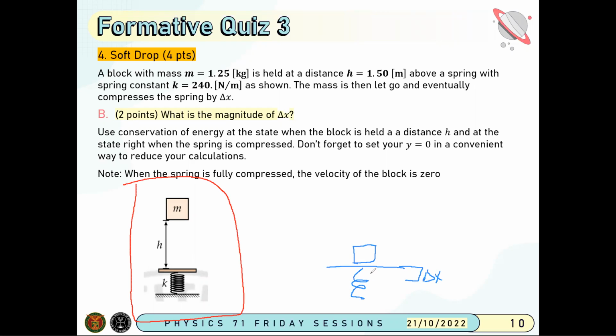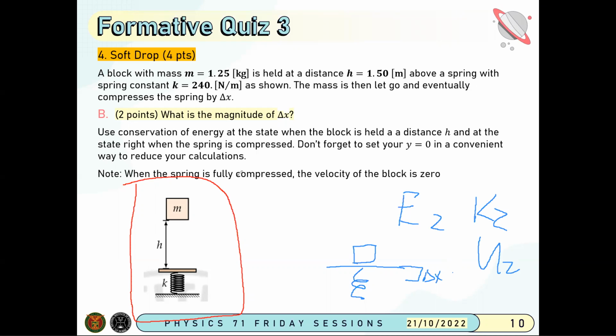So kanina, hindi pa niya na-compress yung spring kasi before it touches the spring pa lang siya. Ngayon, na-touch niya na, para may compression. So ano yung magnitude ng compression? Dyan mo ngayon set yung bago mong energy. And then conservation of energy.